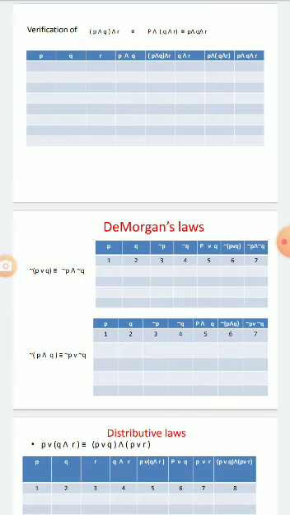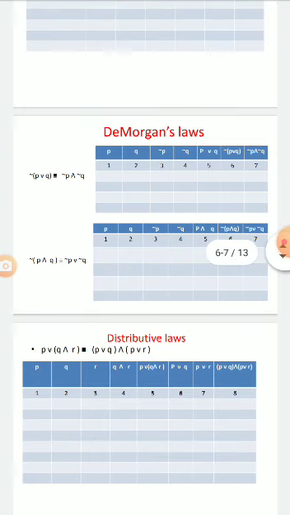So when negation is taken, in the first rule disjunction becomes conjunction, and in the second rule conjunction becomes disjunction, just as union becomes intersection and intersection becomes union.